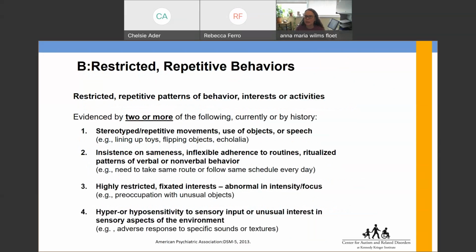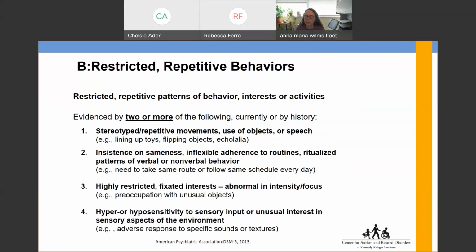Criterion B for autism pertains to restricted repetitive behaviors, and we need to be able to identify at least 2 of 4, either by history or by clinical examination. And as you can tell from the slide, the list includes stereotyped repetitive movements, use of objects or speech.